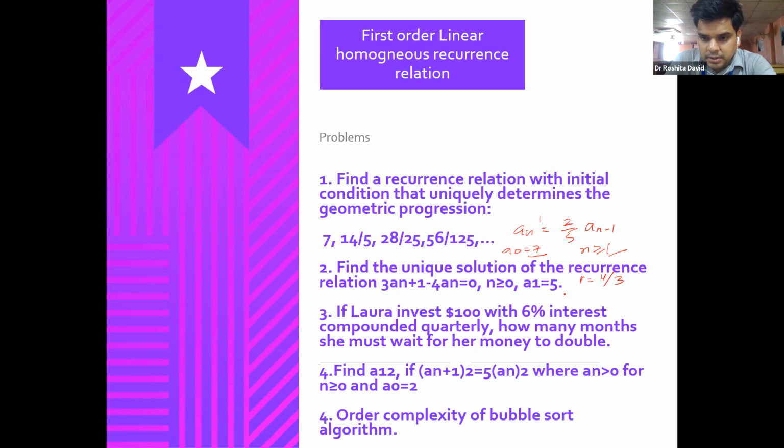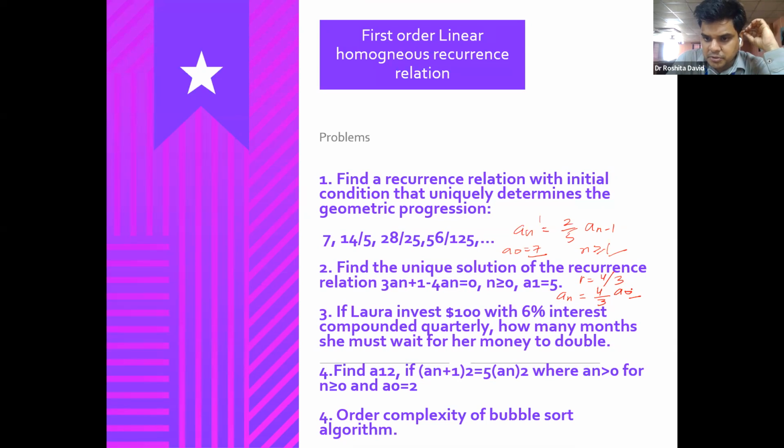So what about the unique solution? An is equal to r to the power n into a0, right? Here they have given a1, not a0. So you will have to find a0 first, because you have to put the value here. 4 by 3 a0. This is going to be the unique solution. So a0 you want to find. a1 is given.